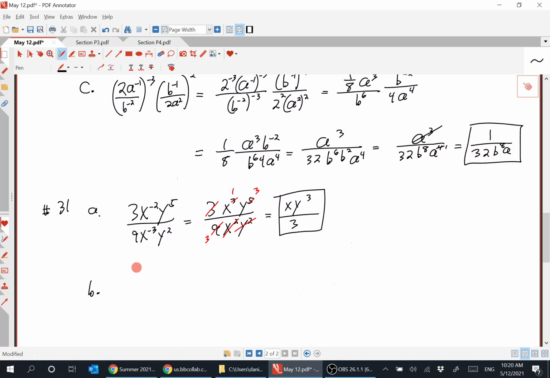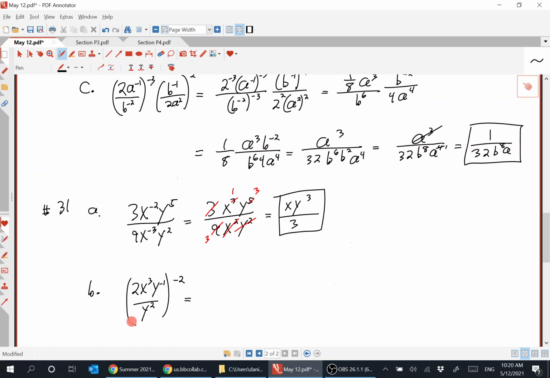B, 31. 2x to the 3rd, y to the negative 1, y squared, and that whole thing to the minus 2.